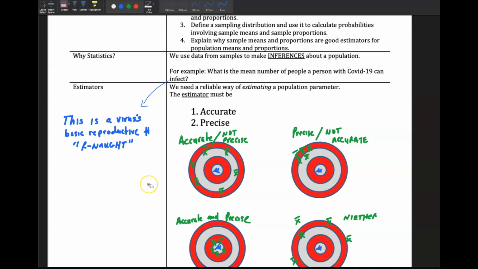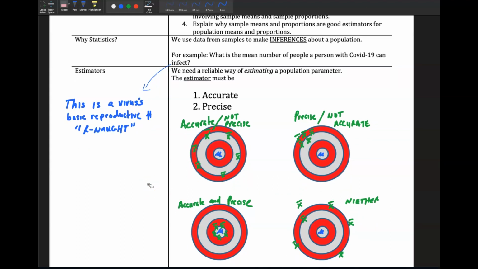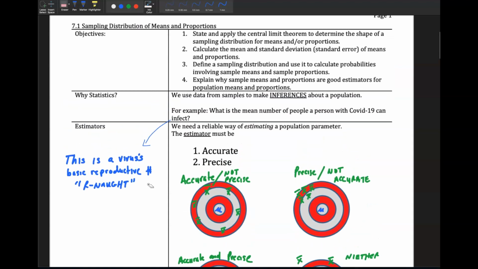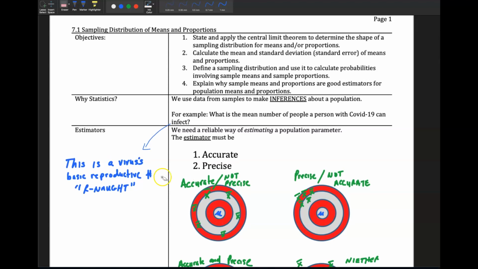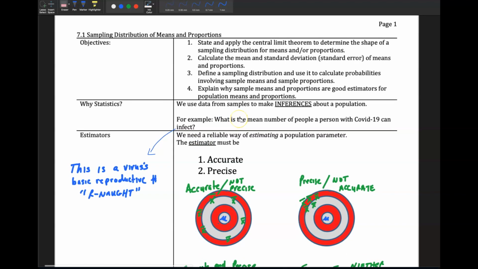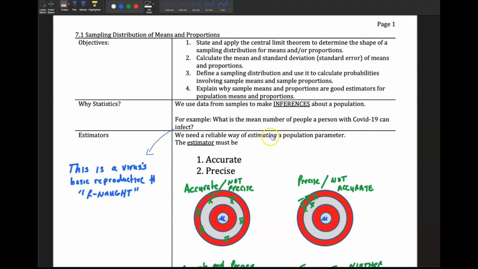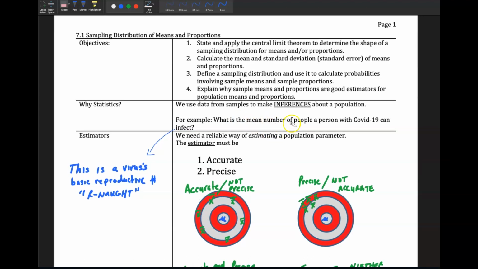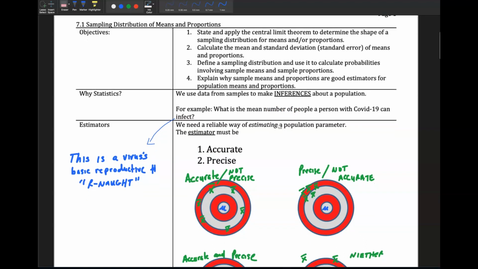If the value is 3, that means someone who gets sick on average will infect 3 people. That's the idea we're looking at when thinking about coming up with what we call an estimator for the population parameter. In this case, that value would be an estimate for the number of people someone would infect.